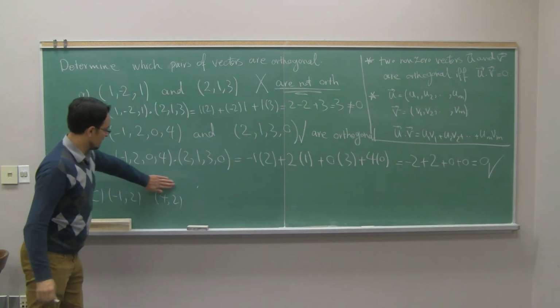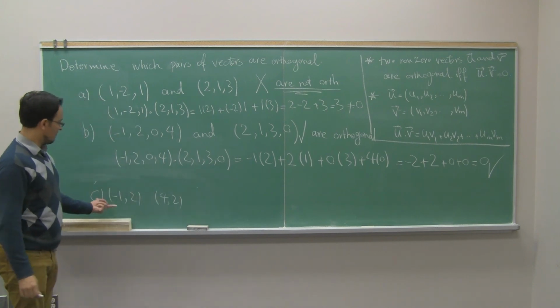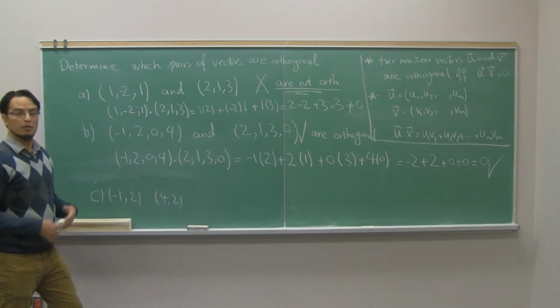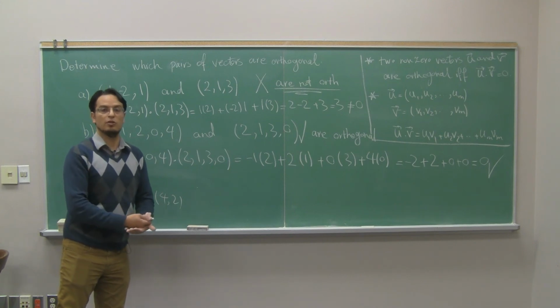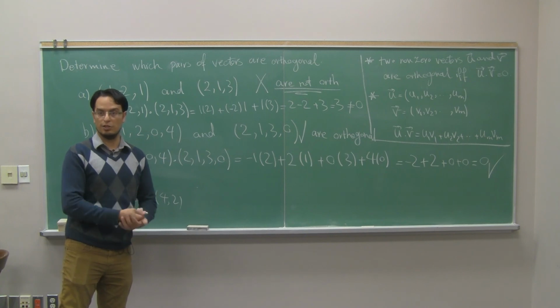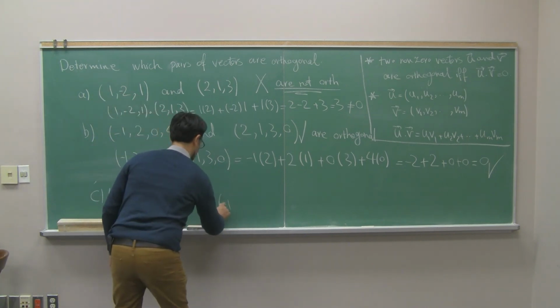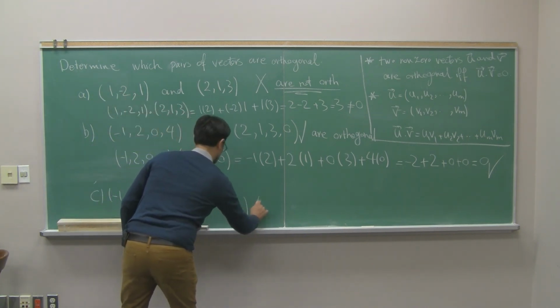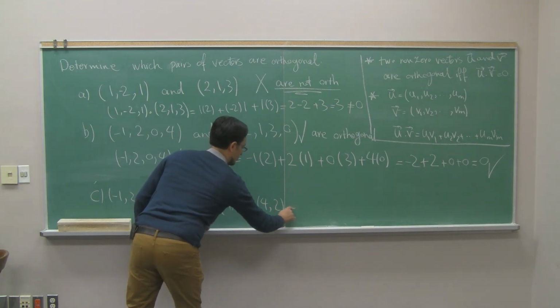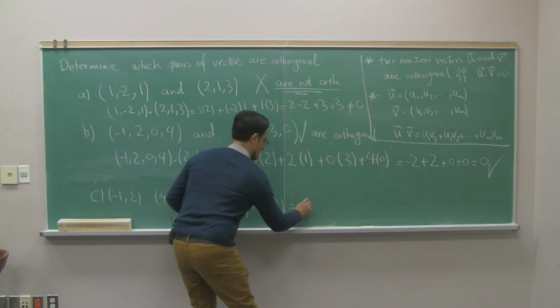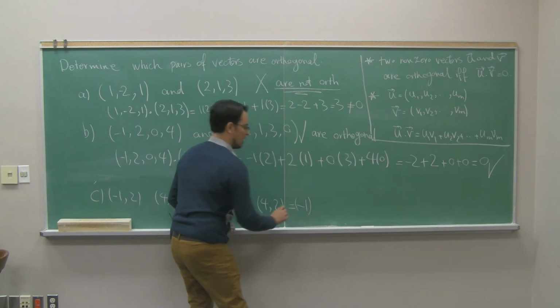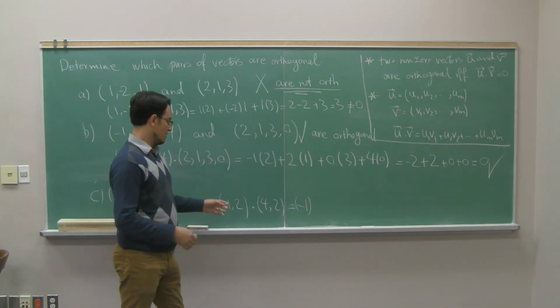Okay, and the last one, I have vectors in R2. Test: dot two vectors. If that's 0, they're orthogonal. If the dot product is not 0, they're not. So I have to dot product these two. Again, the definition of dot product is there.